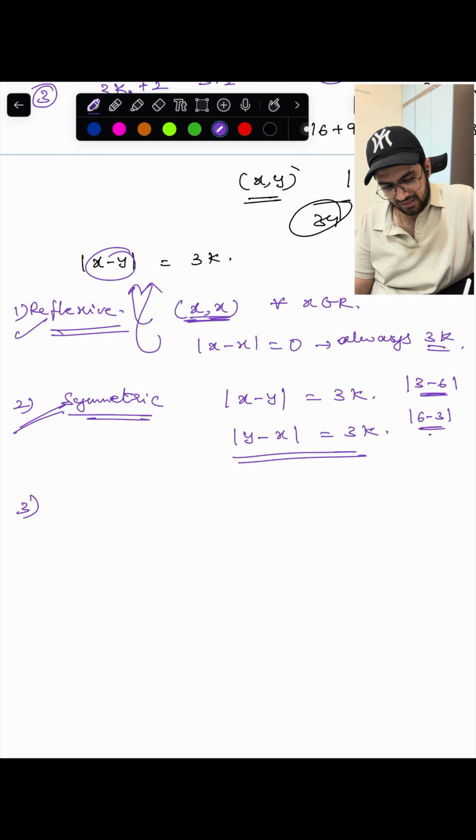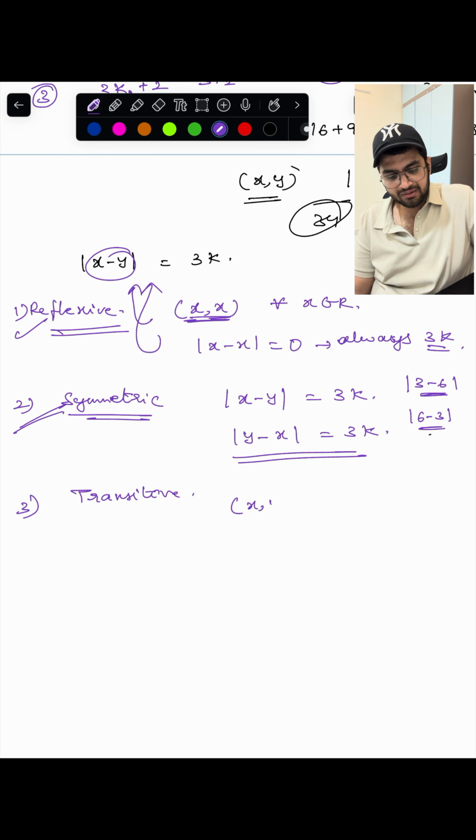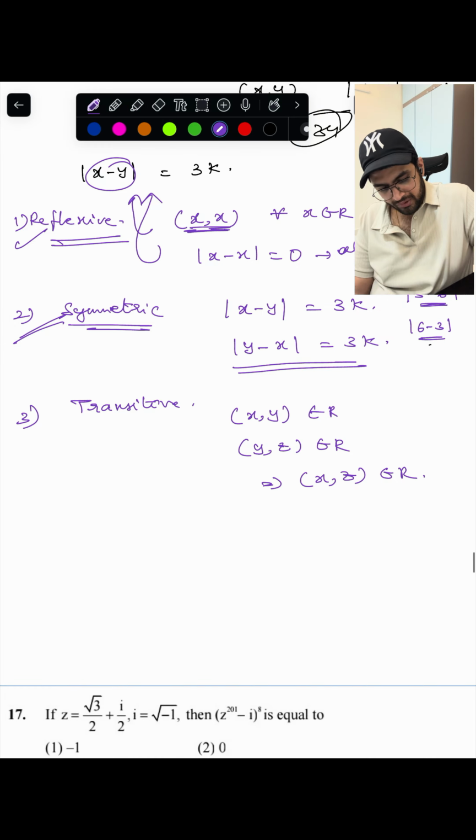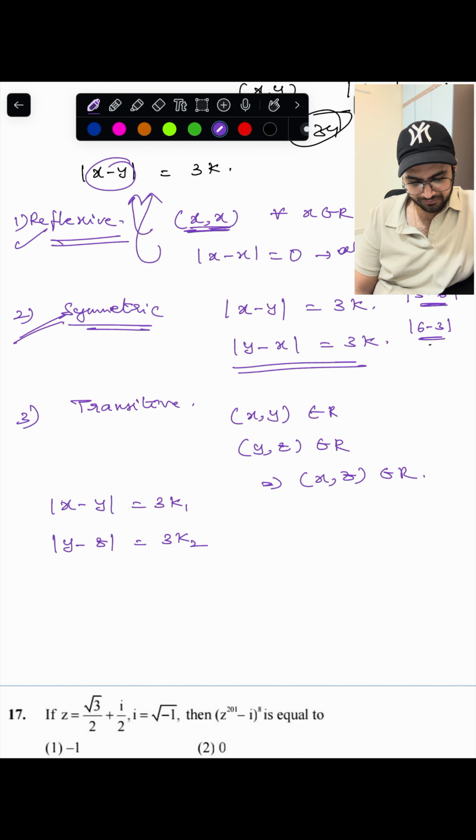Now let's check transitive. So what does the transitive relation say? If x comma y belongs to R and y comma z belongs to R, then x comma z belongs to R. Let's verify this. Mod of x minus y is a 3 multiple, let us say 3k1 format. Mod of y minus z is a 3k format, let us say 3k2, right?